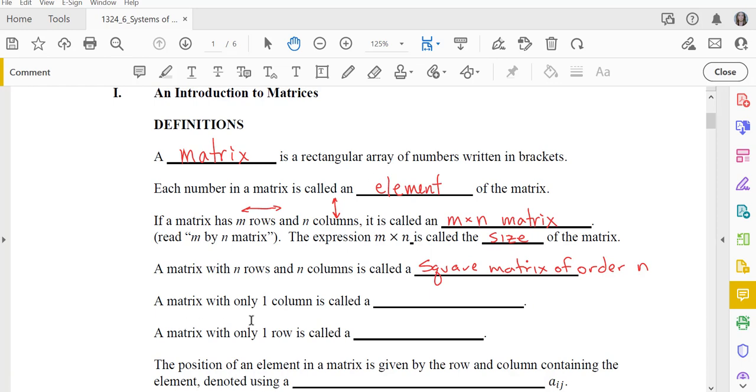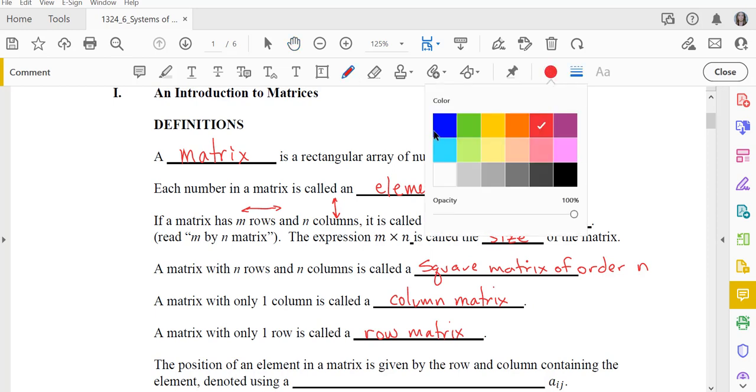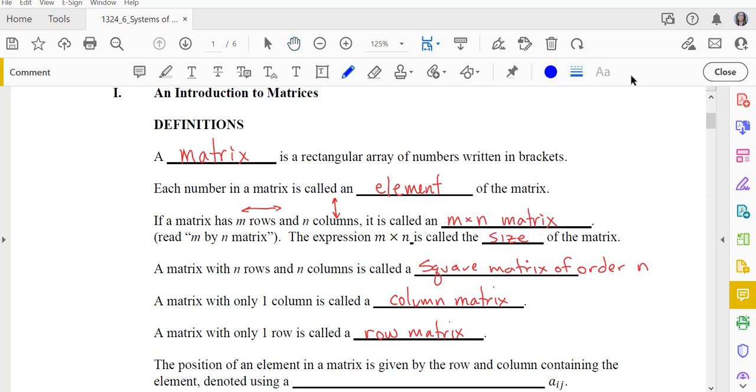A matrix with only one column is called a column matrix. And a matrix with only one row, guess what that's called? It's called a row matrix. So an example of a row matrix would be maybe 1, 2, 4.